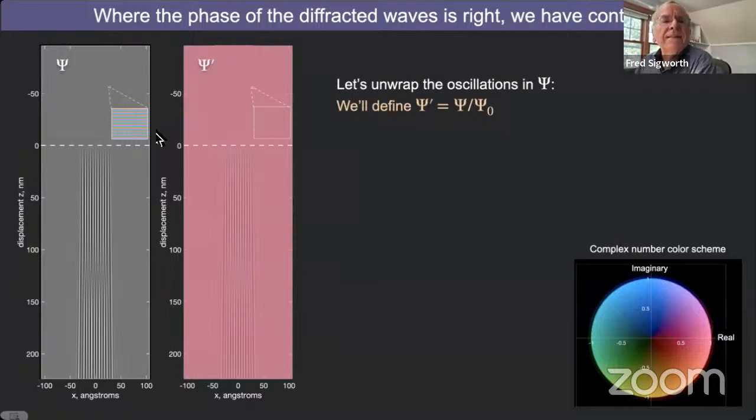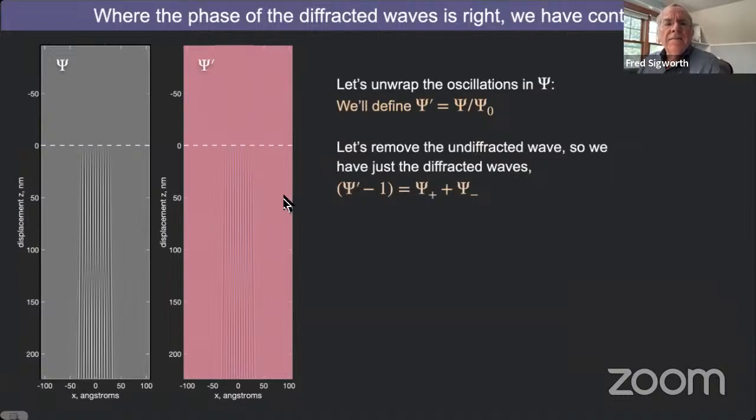And so instead of oscillating at this incredible rate of once every 2 picometers, it doesn't oscillate at all. Here is the undiffracted wave, and it's equal to 1, a real value. And now still we see this interference going on.